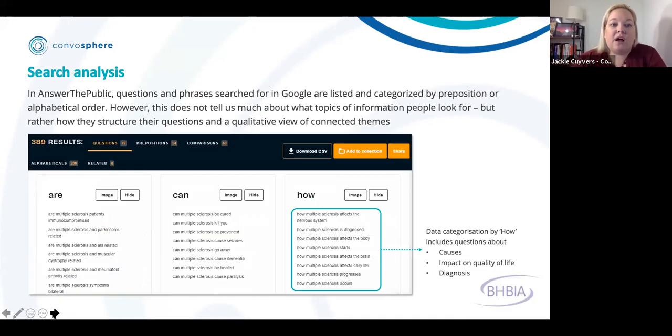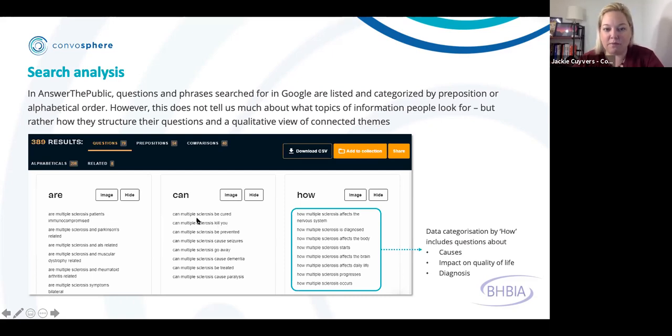So this is a view of Answer the Public. Again, they are drawing this data from Google searches, but as I mentioned, they start to pull it together into these categories of the way that people are asking questions. So they would group together how questions, how multiple sclerosis is diagnosed, how multiple sclerosis affects the body, versus can.